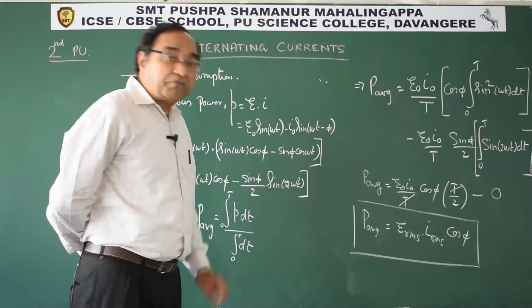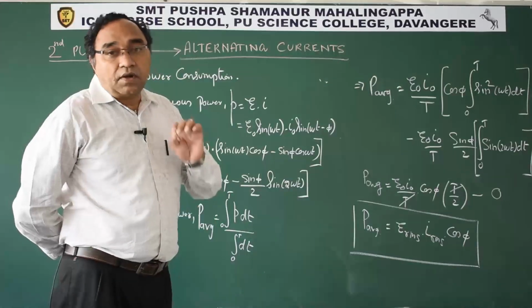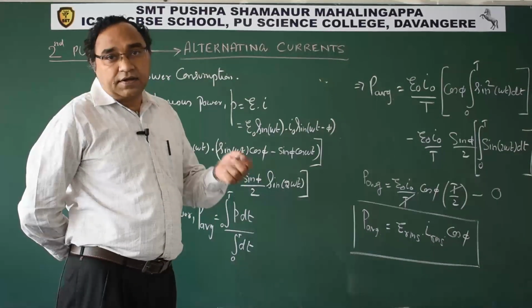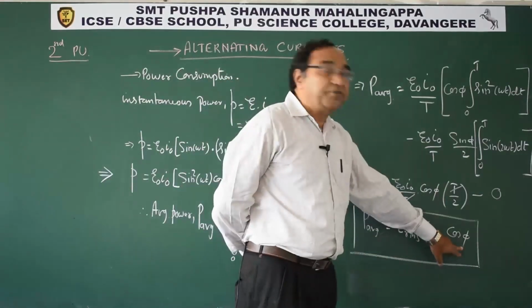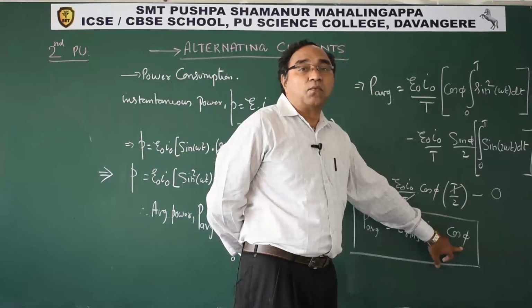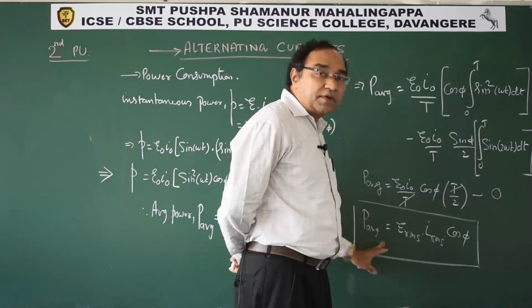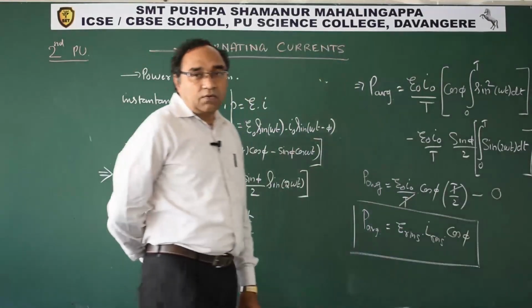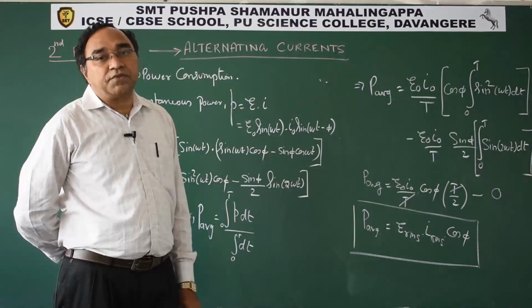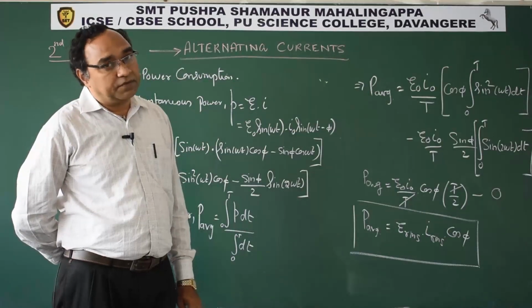What is the phase difference between applied voltage and current in an R only circuit? 0 degrees. Put phi as 0. Cos 0 is 1. So what do we get as average power? E RMS, I RMS. We have derived this. In an R only circuit, the power consumption is E RMS, I RMS.